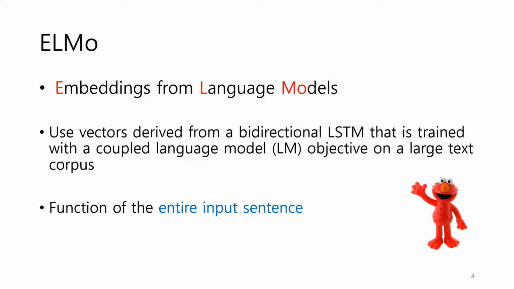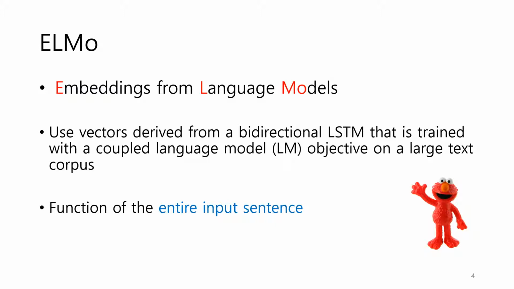Now, I'm going to introduce the new type of word representation called ELMo. ELMo stands for Embeddings from Language Models. Unlike traditional word type embeddings, this model takes a whole input sentence as a token.